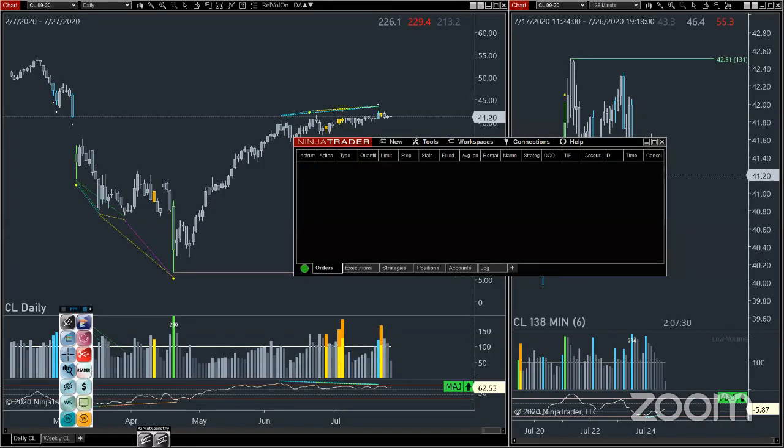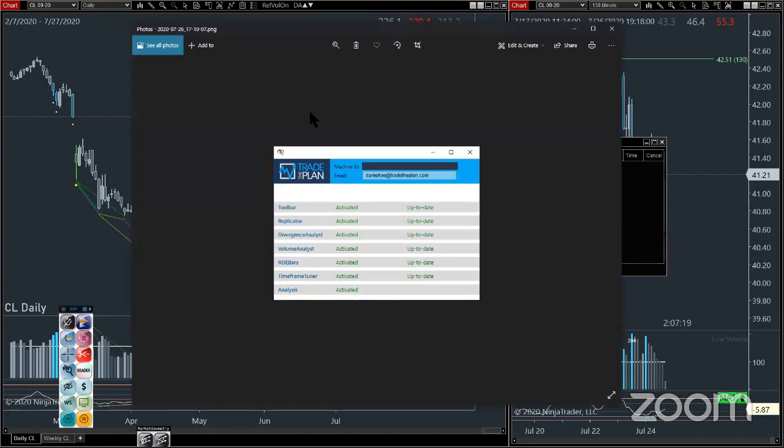So this is what it looks like right here. So this will pop up. And if it doesn't, sorry, that's the chair, guys. It's the chair.